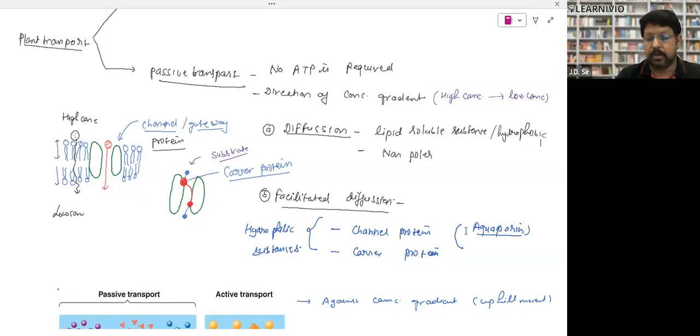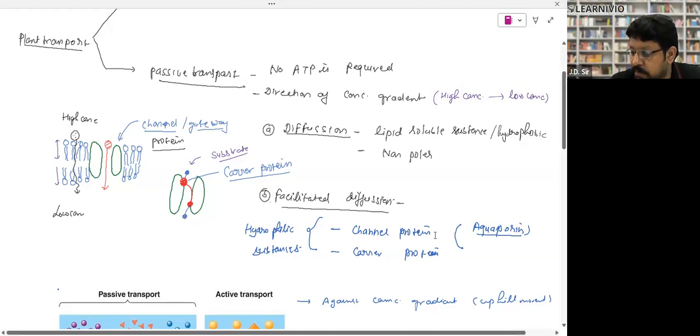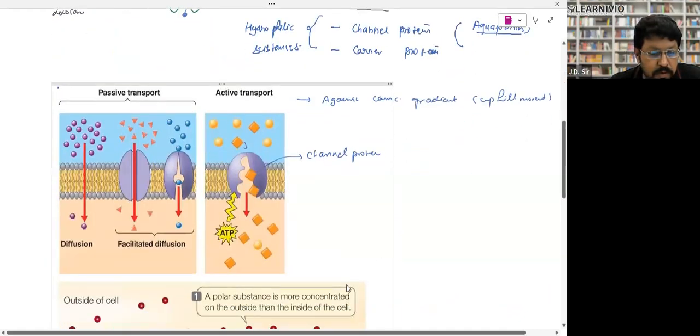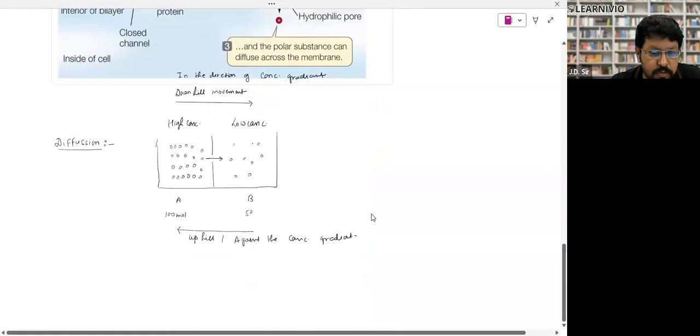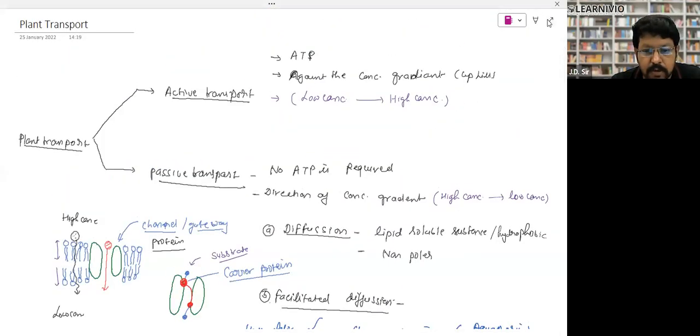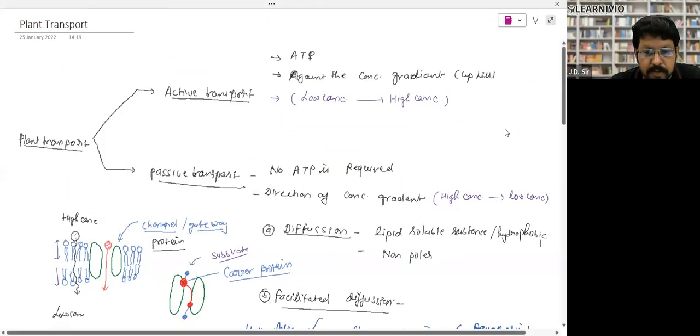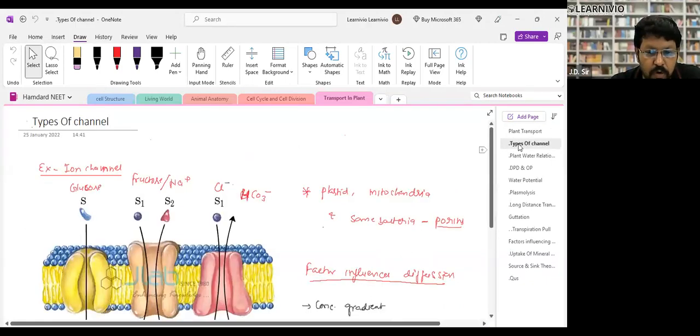Now come to one more thing. Active and passive transport, I have told you already, the same thing I explained, so not required. Now come to the types of channel protein.